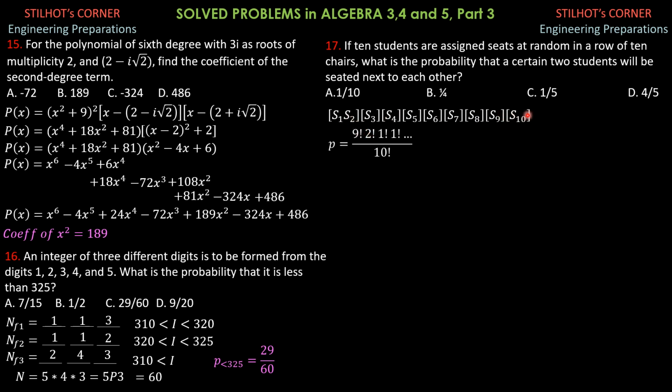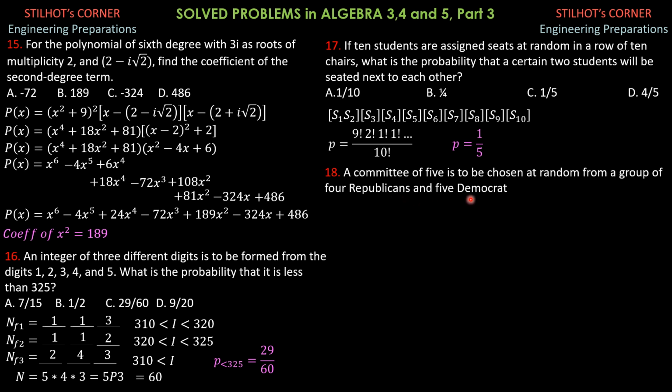The rest would be 1, 1, 1, 1, 1, so it does not affect. So 9 factorial times 2 factorial over 10 factorial. There are 10 students, so they can be arranged in a row in 10 factorial ways. So the probability is equal to 1/5.